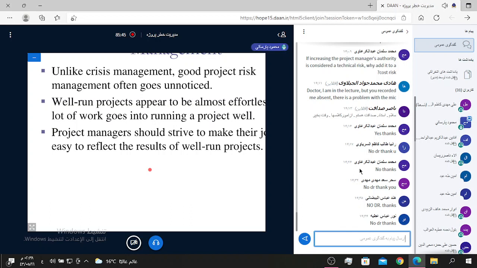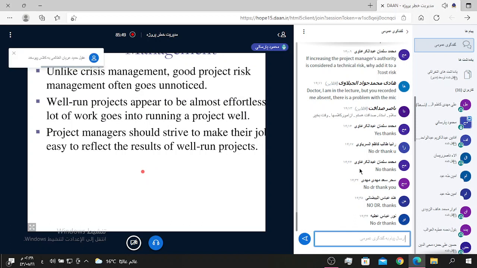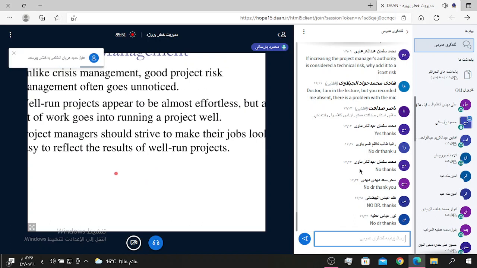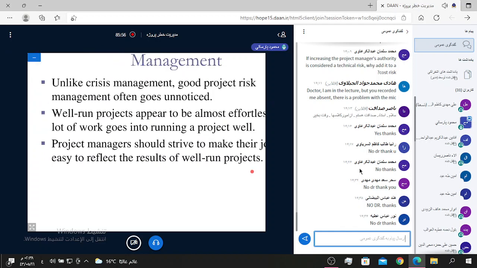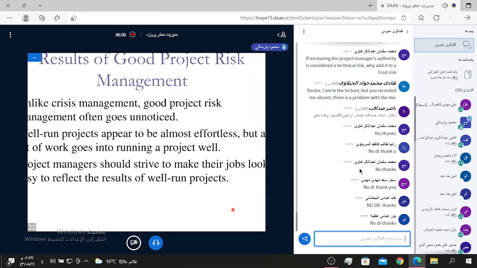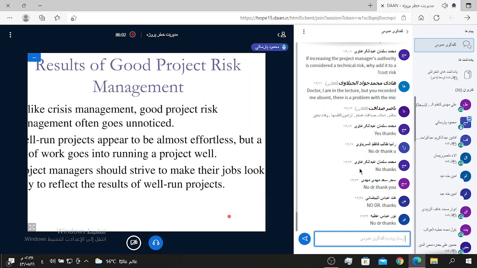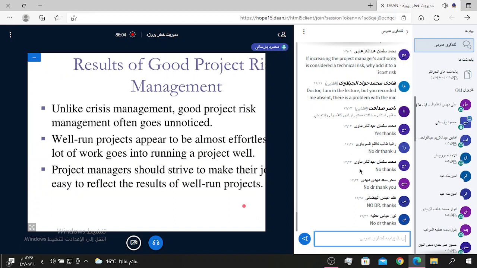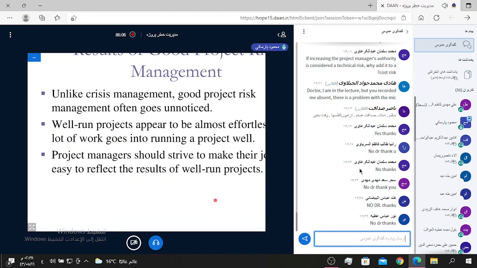And the next one is project managers should strive to make their jobs look easy, to reflect the result of a well-run project. The selecting of expert managers is very important in a project, not only about risk management but about project management.